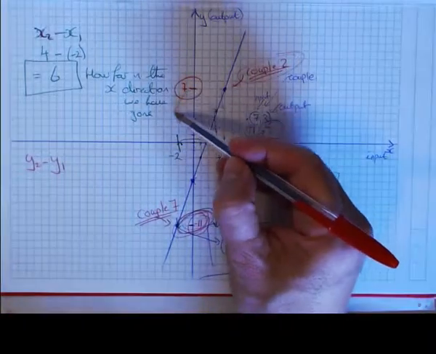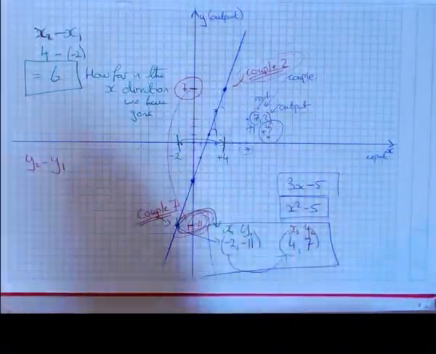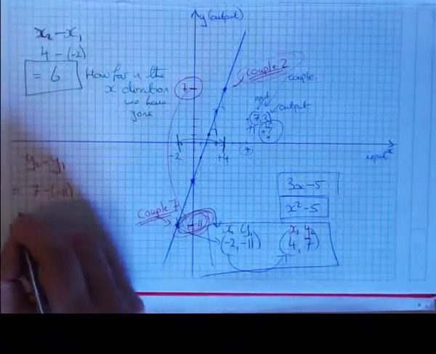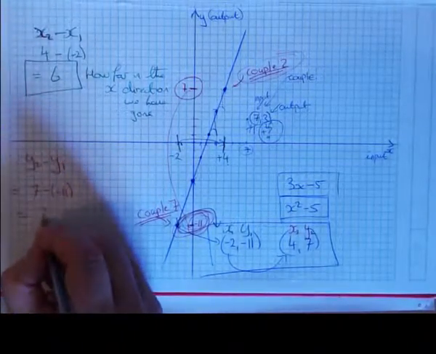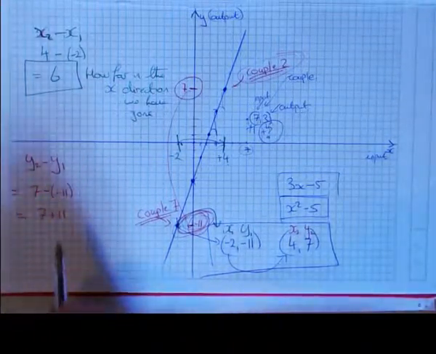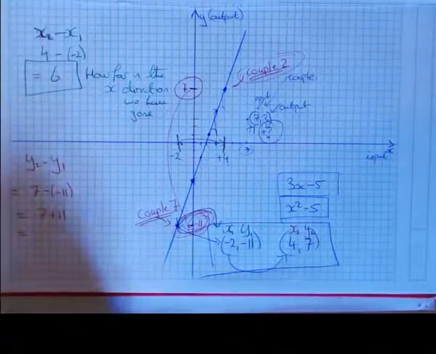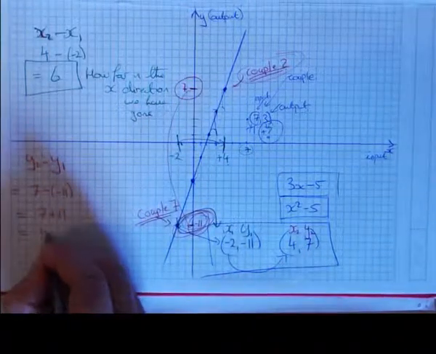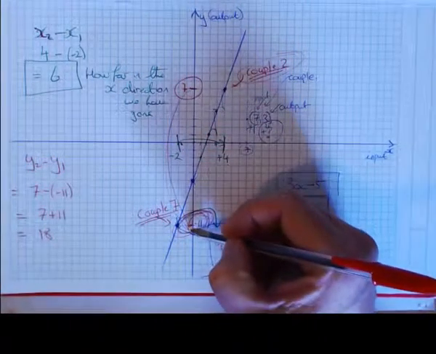And that tells us the distance from there to there. If you don't know what a minus minus is, a minus minus is a plus. When you subtract a minus number, you get a plus. That's just how we measure distance here. So we can see that that distance there is 18.